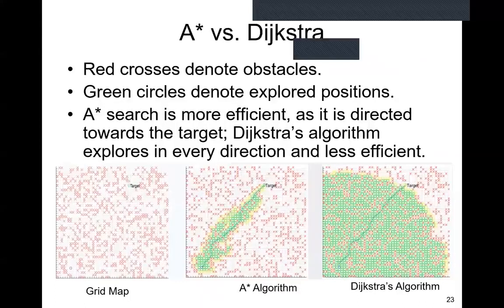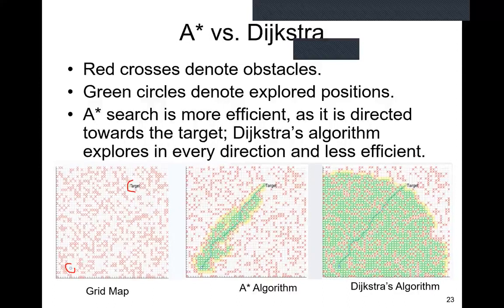So A star versus Dijkstra's algorithm. In this figure, the red crosses denote obstacles and green circles denote explored positions. You're starting from the start position, trying to get to the target while avoiding collision with the obstacles. Here's the A star algorithm with a good heuristic.